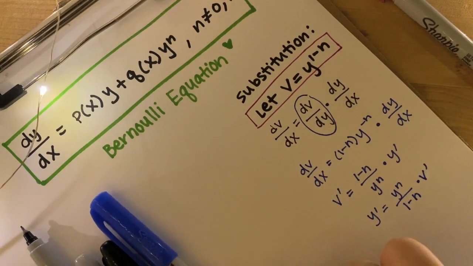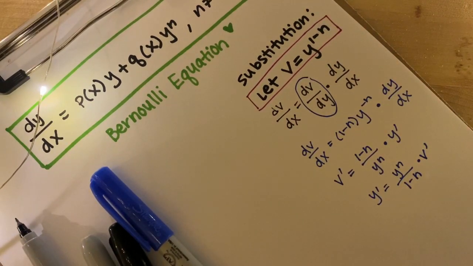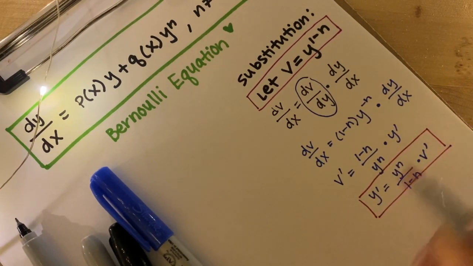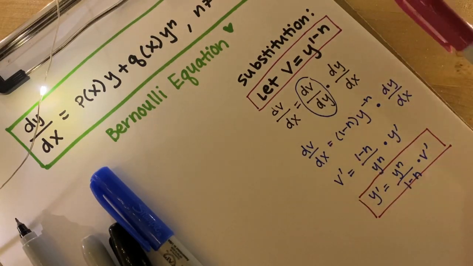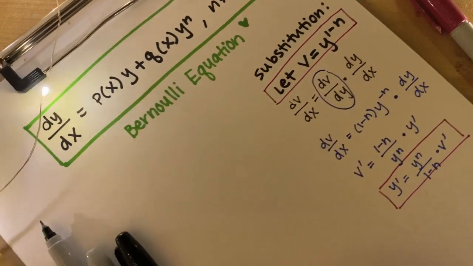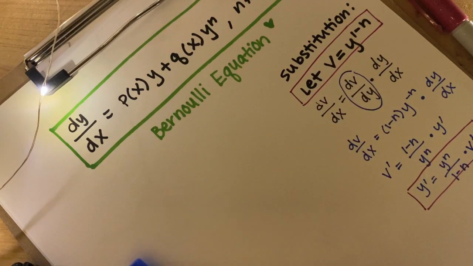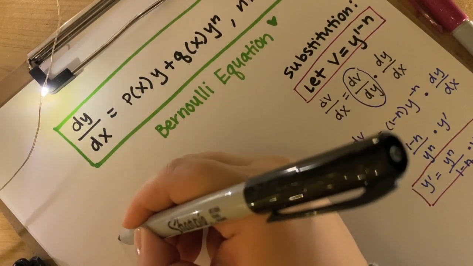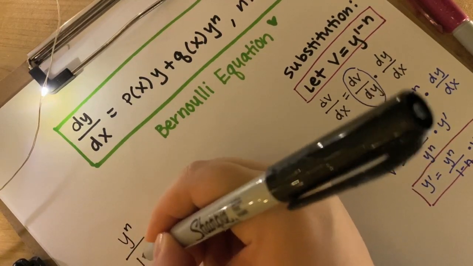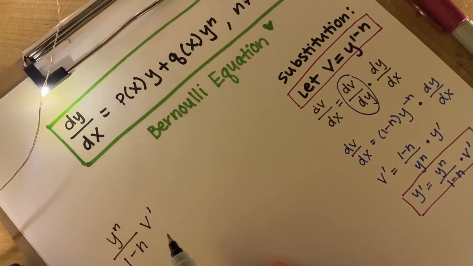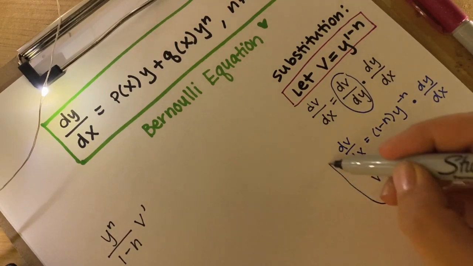So that's the other half of the substitution that we need to do, and you'll see we have y prime and v prime here. That's awesome. That's exactly what we're looking for. So now with all of these pieces, let's see if it's actually a linear first order equation. So we have y to the n divided by 1 minus n times v prime.